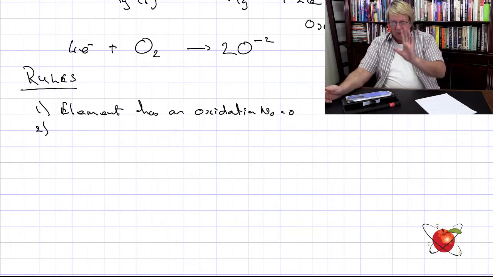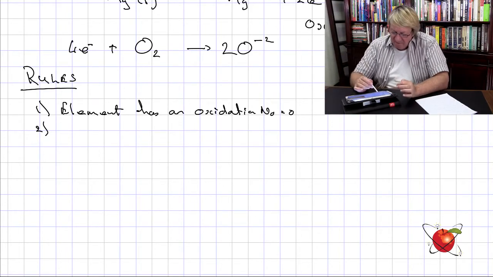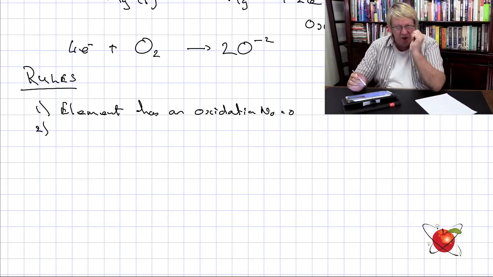What does that mean? It means when we see oxygen or magnesium or any of those, we assign that a 0. You'll see it in a few moments in the examples we're going to do.